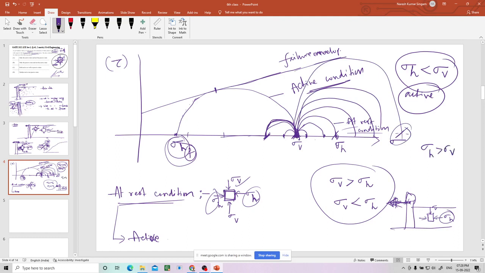Suppose in the initial state sigma h is less than sigma v. Now you are applying the passive condition. Sigma h will increase. It will go here, then here, like that again it will reach this point only. So finally sigma h will be greater than sigma v in the passive condition. So these two you should remember.